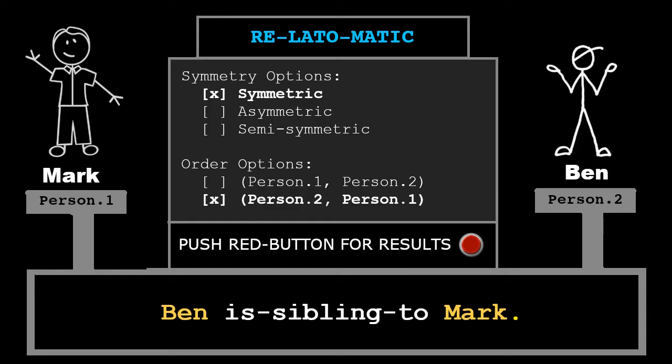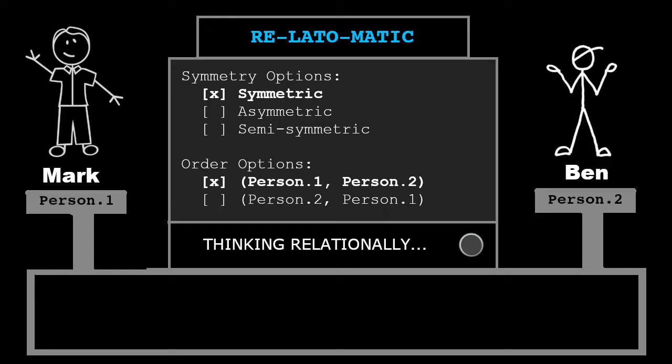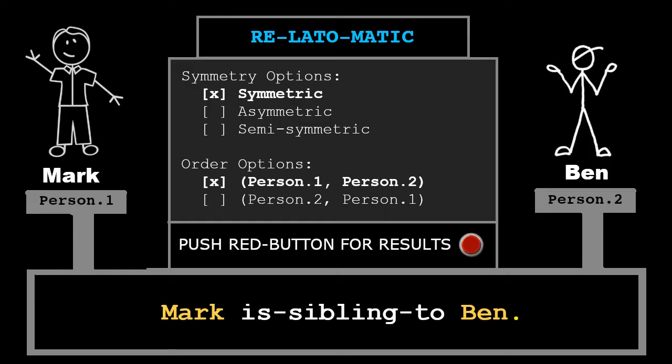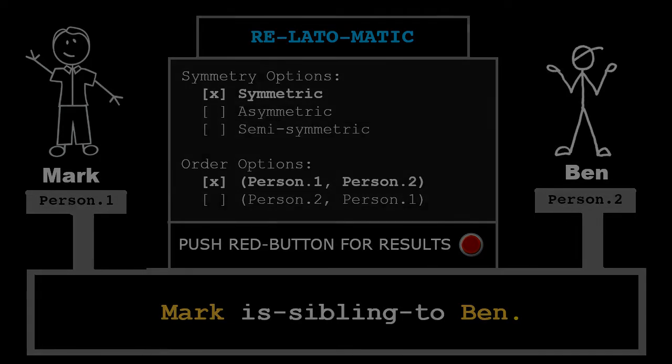Let's verify the machine understands this by changing the order option and pressing the red button. Mark is sibling to Ben. Looks good to me. We'll stop there and trust that because the machine's logic is actually our logic, the machine could continue to provide correct answers.